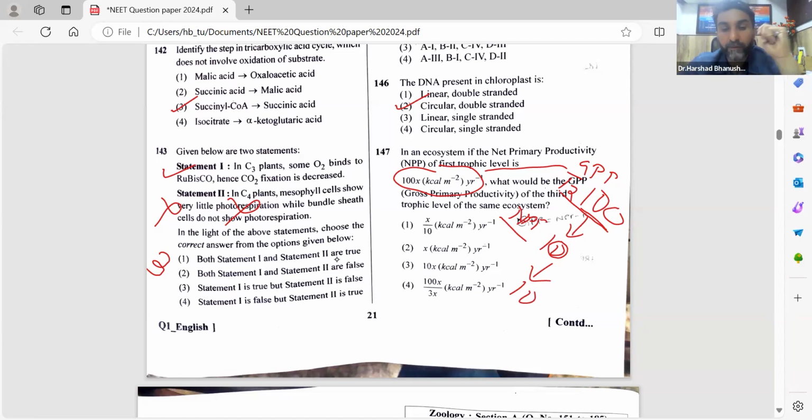So from 100x, 10x would be available, because the energy passed on would be 10% of that. So there is an energy loss which would take place from one trophic level to the other trophic level. So if the net primary productivity is 100x, the GPP which will go to the third trophic level, they have said GPP, would be 10x.